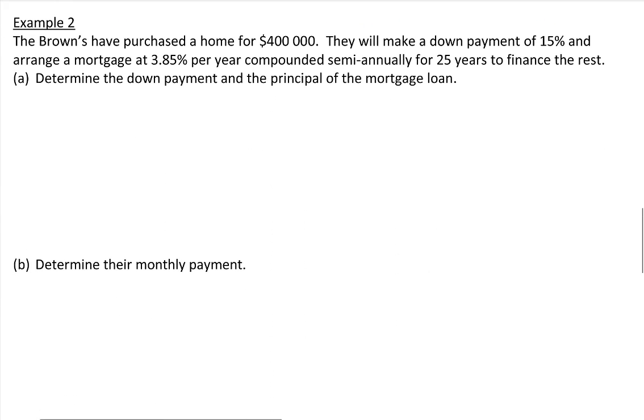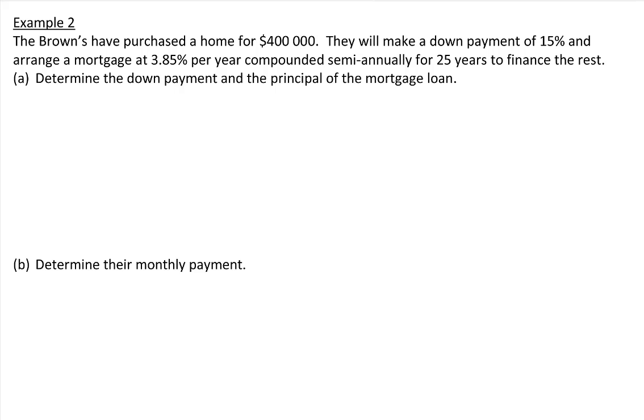Example 2. The Browns have purchased a home for $400,000. They will make a down payment of 15% and then arrange a mortgage at 3.85% per year compounded semi-annually for 25 years to finance the rest. So part A, let's determine the down payment and how big of a loan do the Browns need.